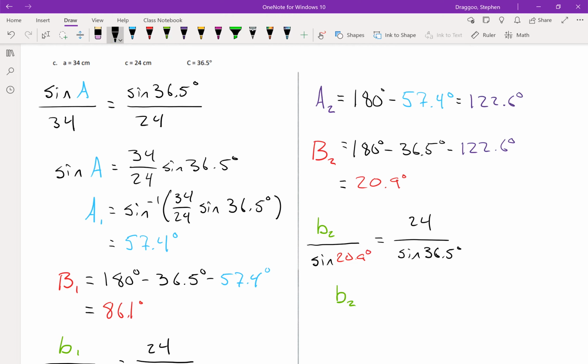So B2 is 24 times the sine of 20.9 divided by the sine of 36.5. Plug that into a calculator and we get 14.4 centimeters.